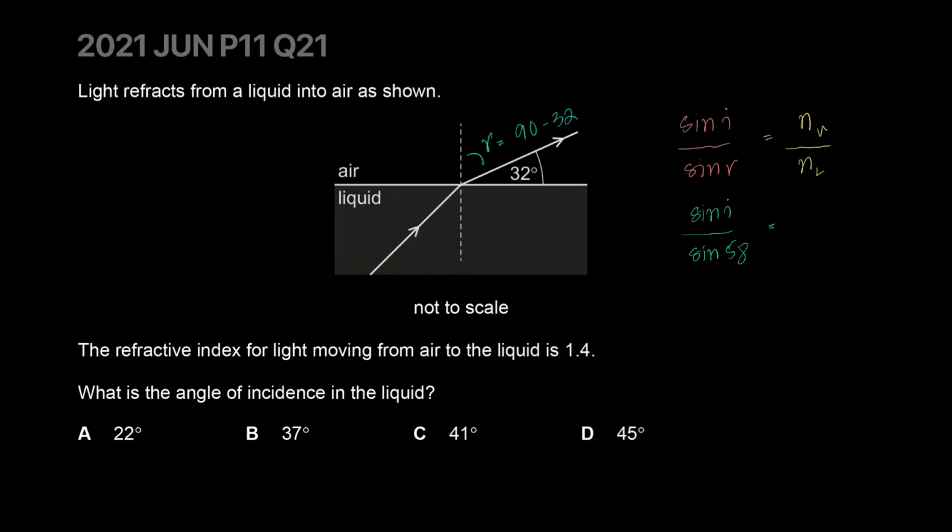This equals the refractive index of a vacuum, which is 1, and the refractive index of this liquid is 1.4. Let's calculate that real quick. I'm getting 37.2, and that's very close to our value over here. So the correct answer is B.